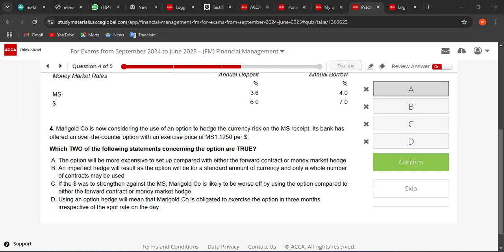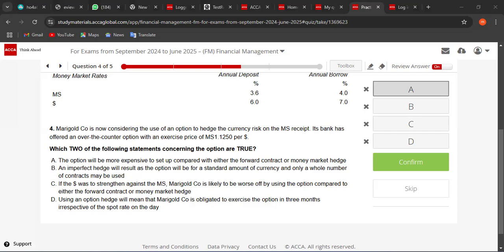Let us say the rate is going to be 1.1350 MS per dollar. So convert your currency, guys. How much did you have to hedge? 300,000.